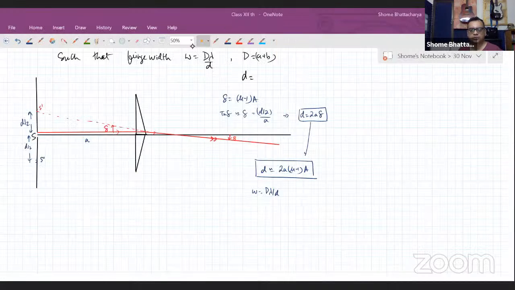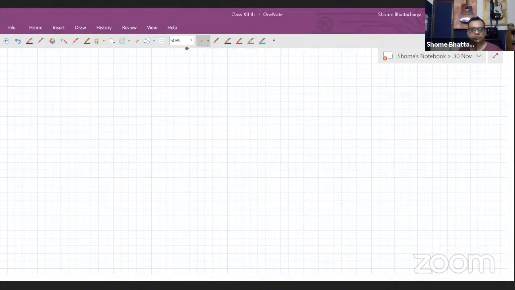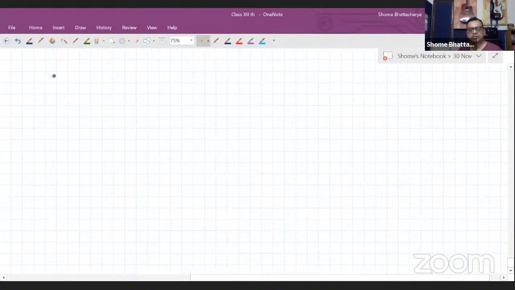Now, one more thing which you would have noticed in questions also, about single slit diffraction. We've discussed single slit diffraction earlier. Now there's a variation of that where you have diffraction through a circular aperture.